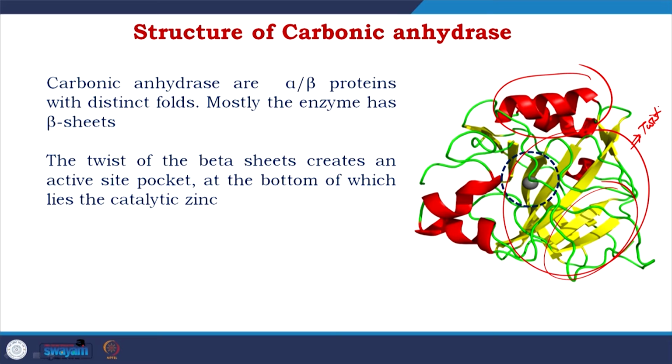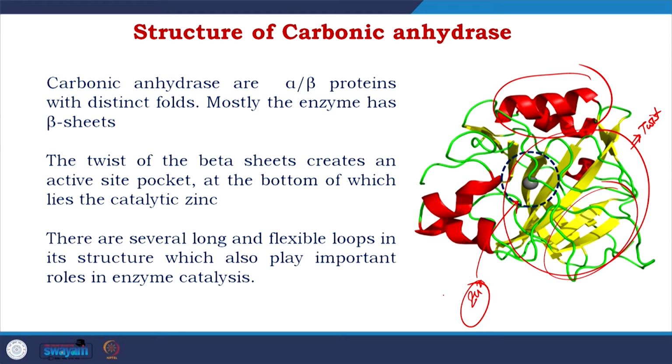The twist of the beta sheet creates the active site pocket. If you see, there is zinc at the bottom of which lies the catalytic zinc. There are several long and flexible loops in its structure which also play an important role in enzyme catalysis. So, if you see, these green ones are loops.